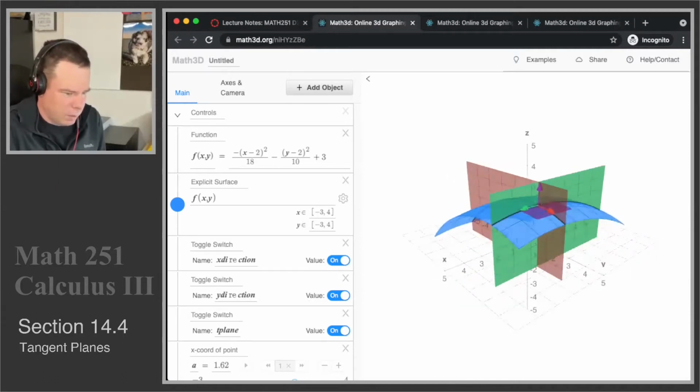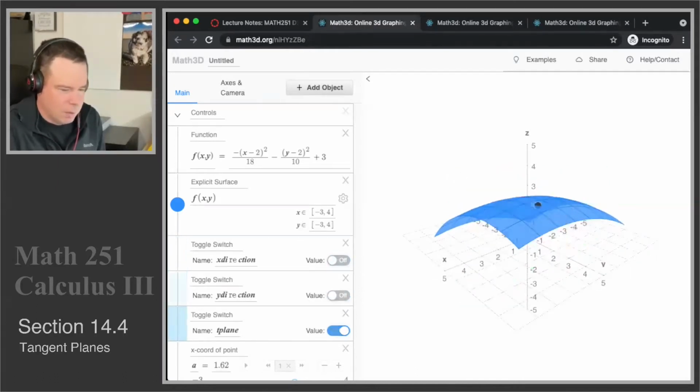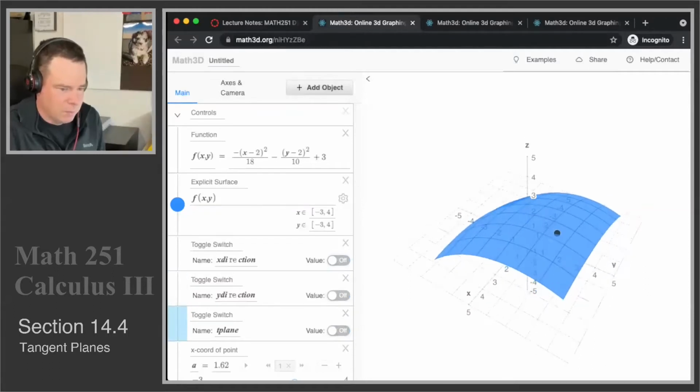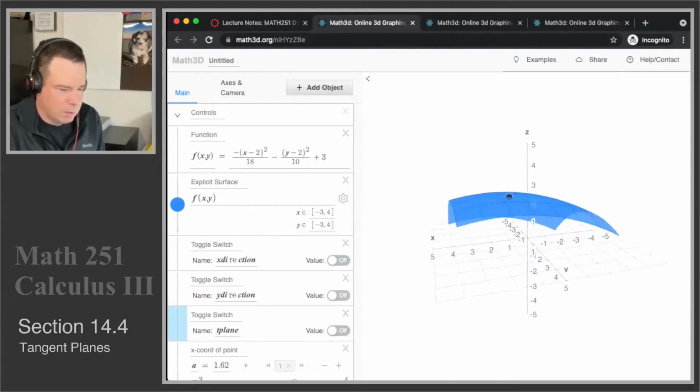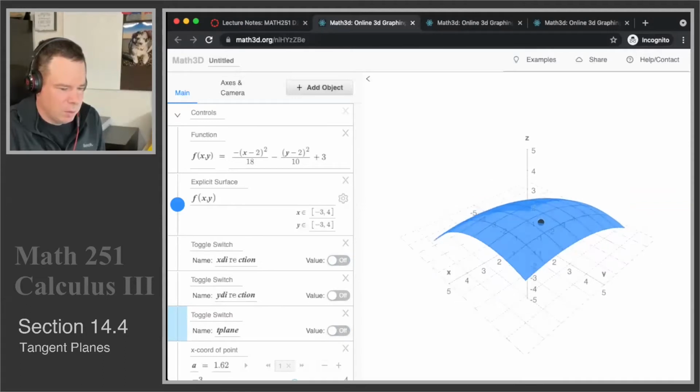The idea was we have a surface and a point on that surface, and we'd like to construct a plane through that point that best approximates the surface there. This is the analog to the tangent line, but now for surfaces.